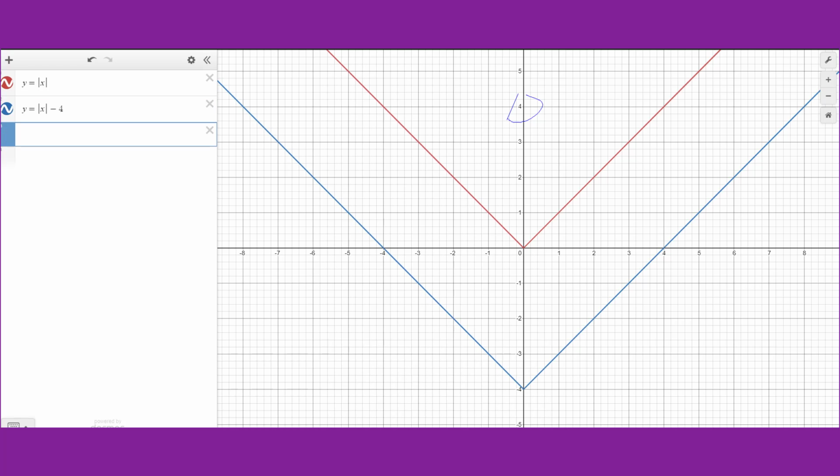All right, so we've got y equals the absolute value of x plus 4. And there it is. So it moved our vertex up 4. So now we've seen how it translates up and down the axis. And this is on its vertex.